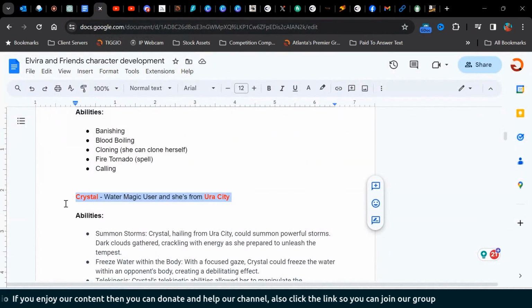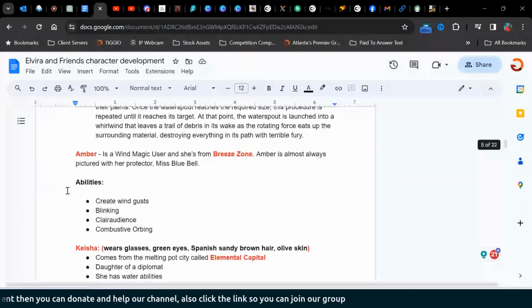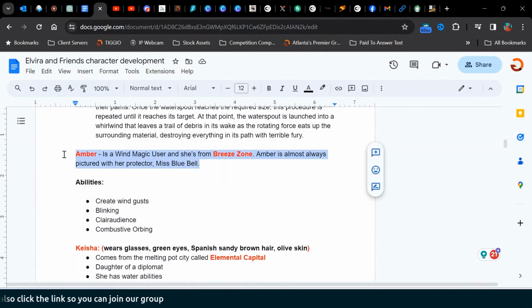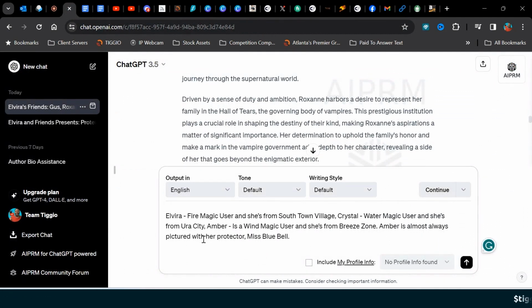And you got to put all that stuff in there because if ChatGPT doesn't know anything about your characters, how can it help you outline the book?